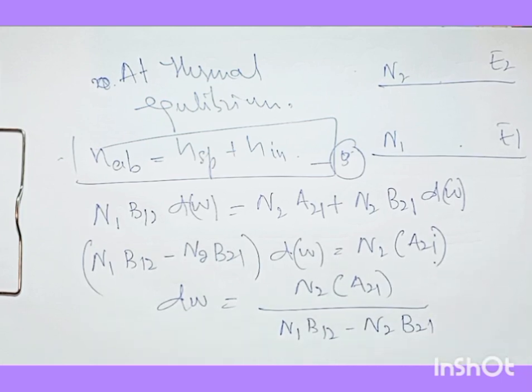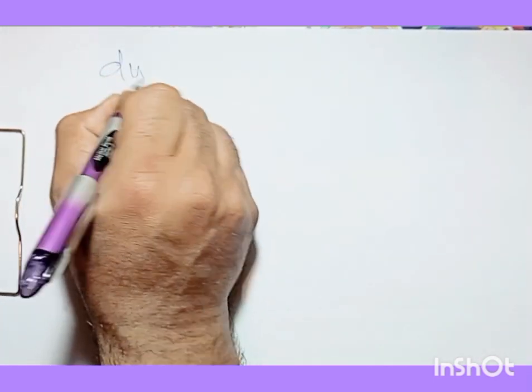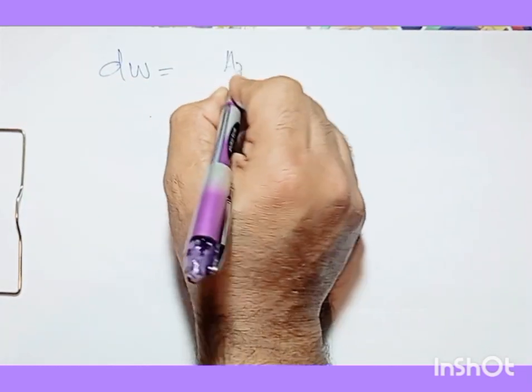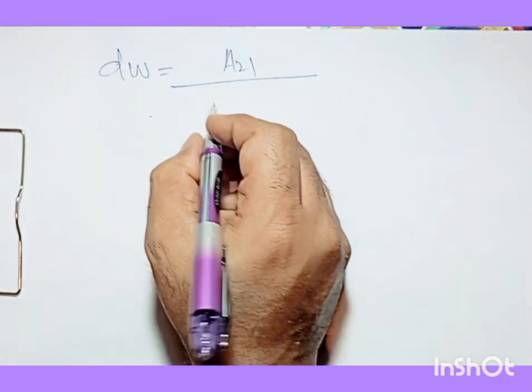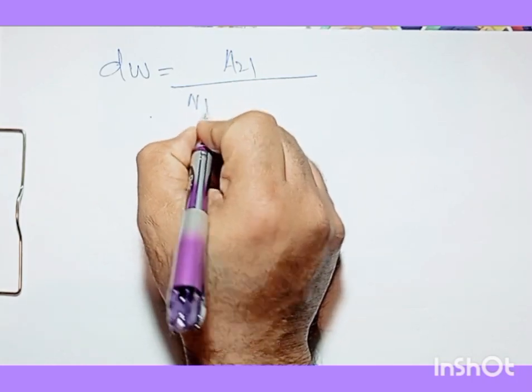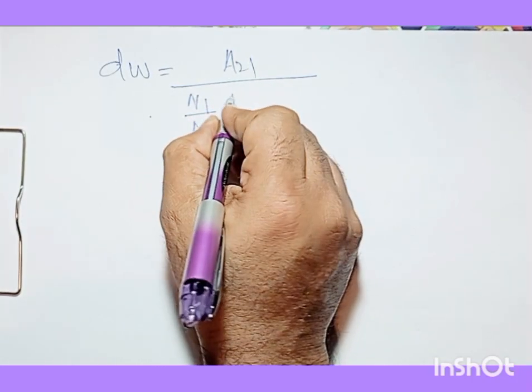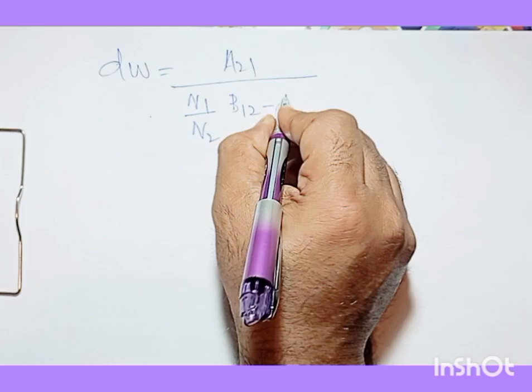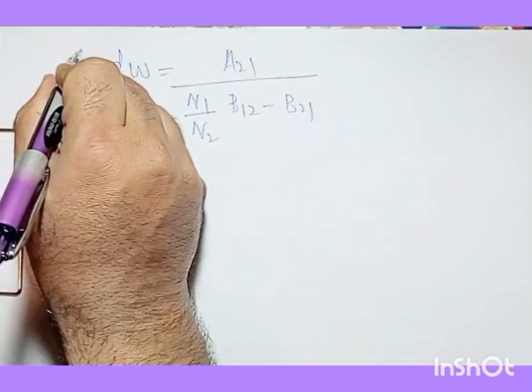And I can think of dividing numerator and denominator by N2. What will I get out of that? I will have d omega equal to A21 divided by N1 by N2 B12 minus B21.